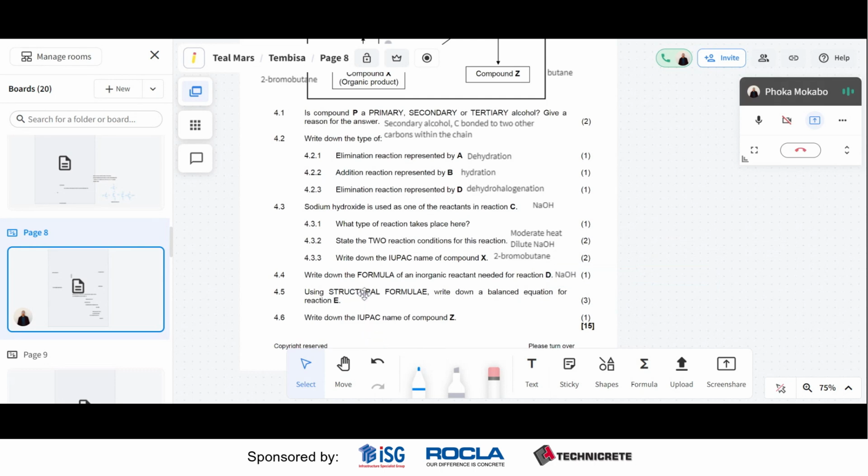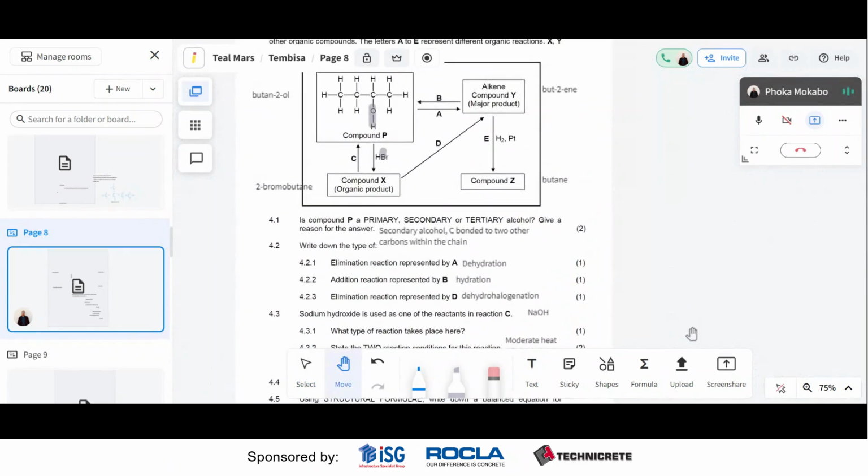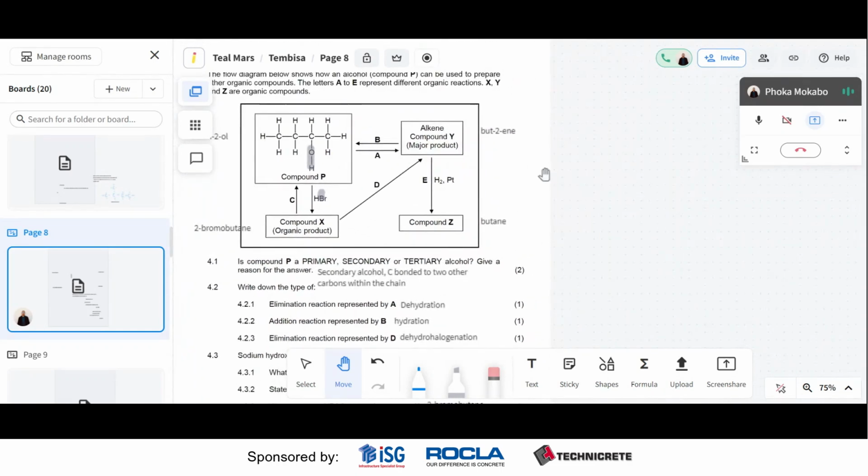Then they say, using structural formulae, write down a balanced equation for reaction E. Let's have a look at reaction E, and I'll write it over here just so that we can remain in sight of what reaction E actually entails. But we said butene to start off with, right?